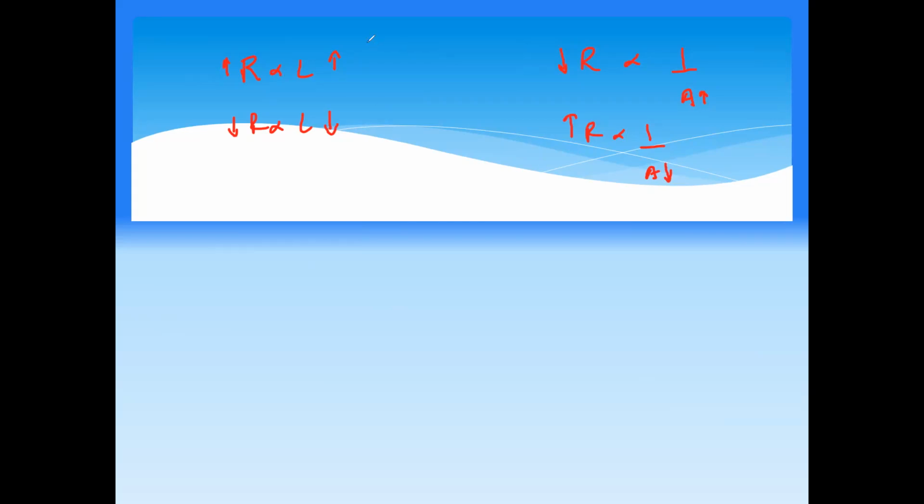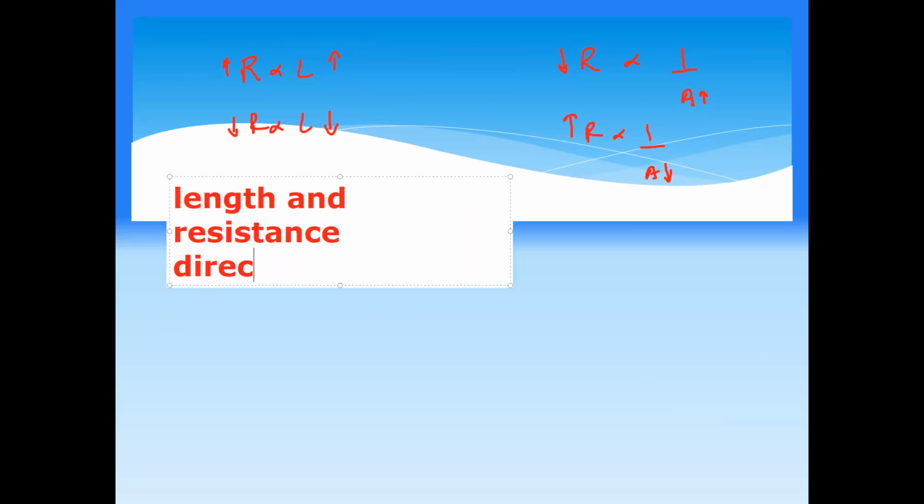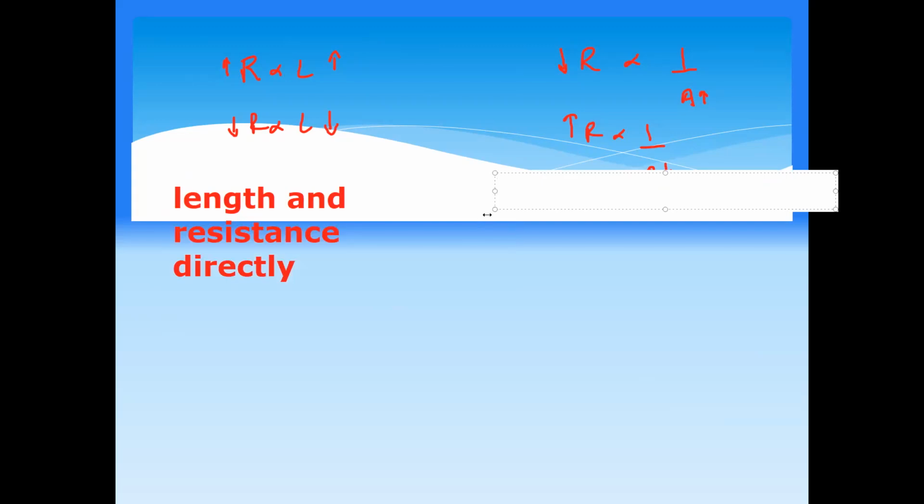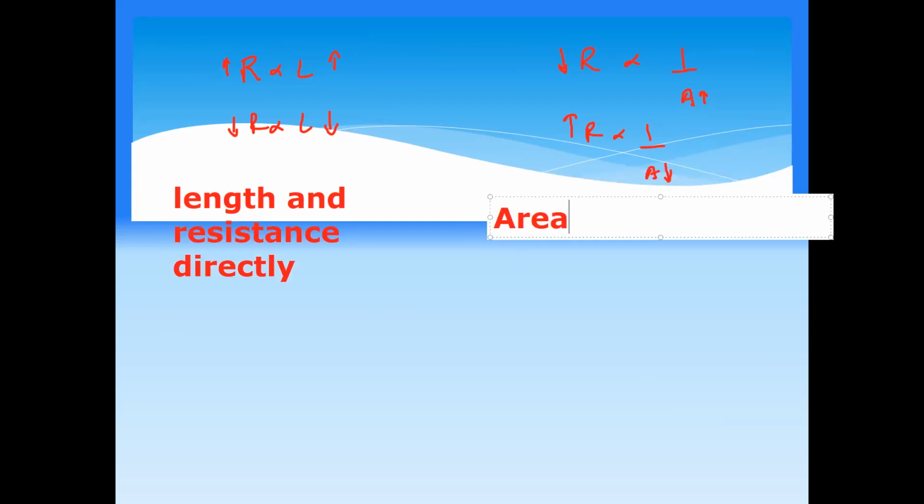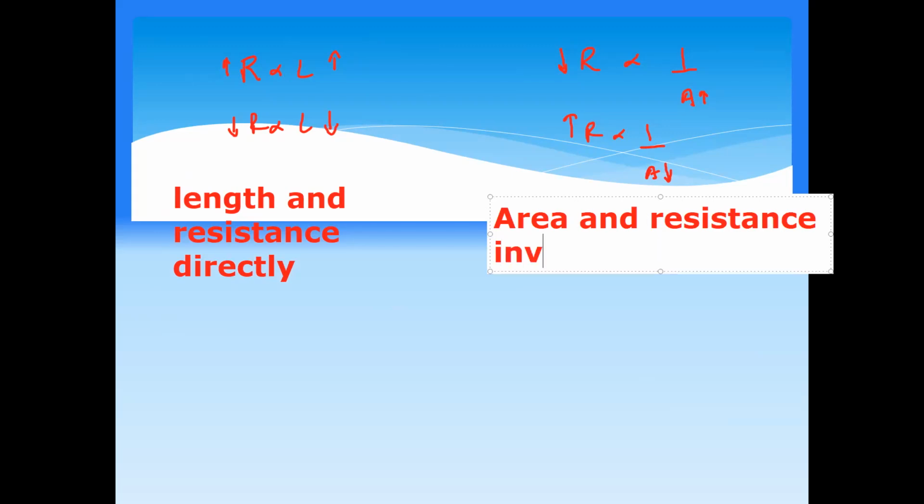So length and resistance are directly proportional, whereas area and resistance are inversely proportional.